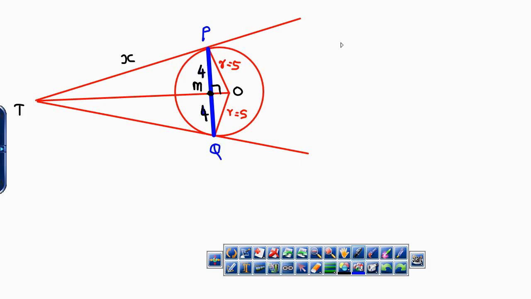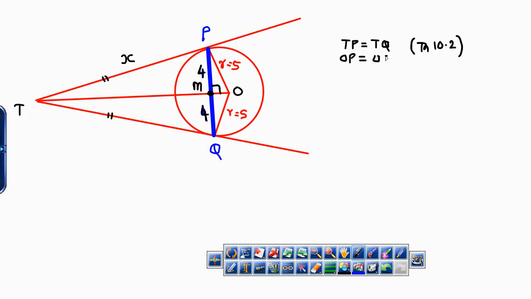It starts from here. TP is equal to TQ. TP, TQ same. Reason is theorem 10.2: the lengths of two tangents from an outside point are the same.